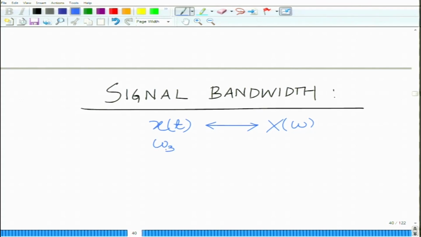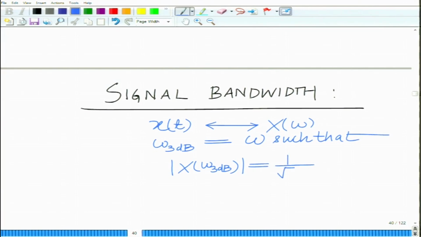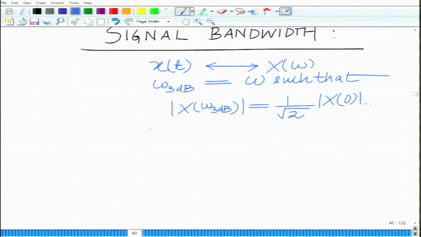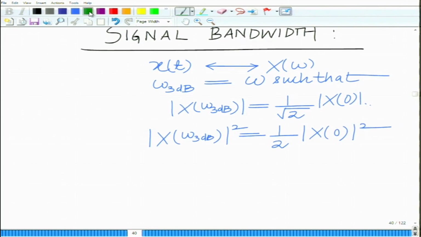The 3 dB bandwidth omega 3 dB equals the frequency omega such that magnitude X of omega at the 3 dB point equals 1 over root 2 times magnitude X of 0, which means magnitude X of omega 3 dB squared, which recall is the energy spectral density of the signal, equals half magnitude X of 0 squared.